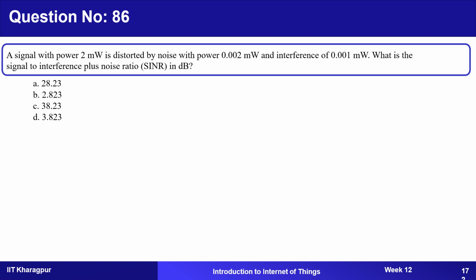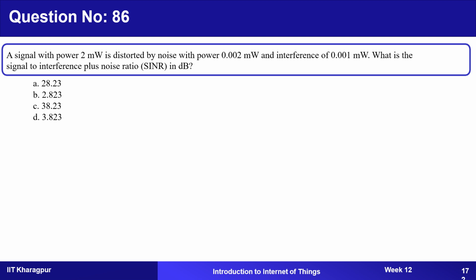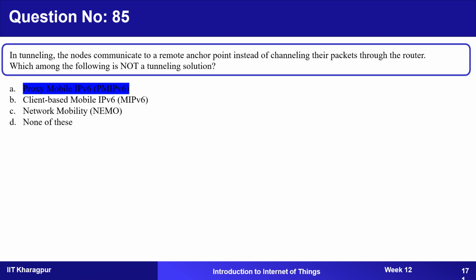Next question is, a signal with power 2 megawatt is distorted by noise with power 0. And what is the answer of previous question 85? A. It's okay, ma'am. Ma'am, what is the difference between B and A in previous question?